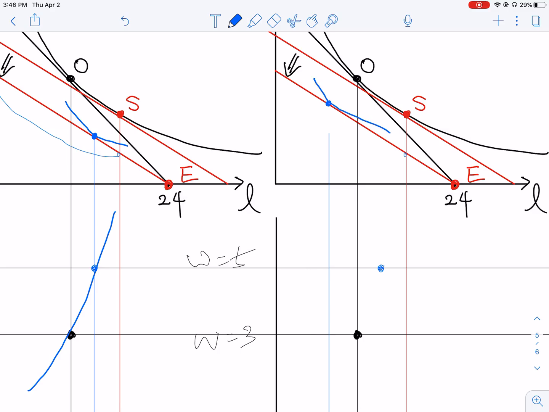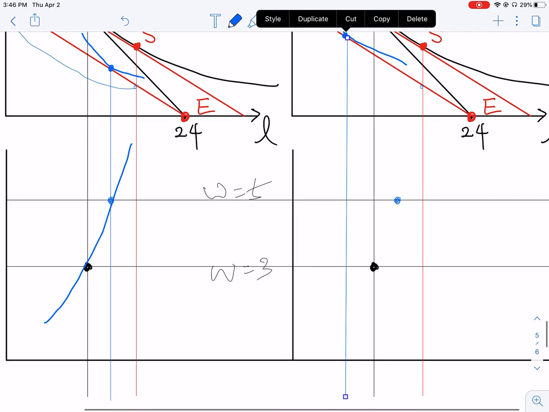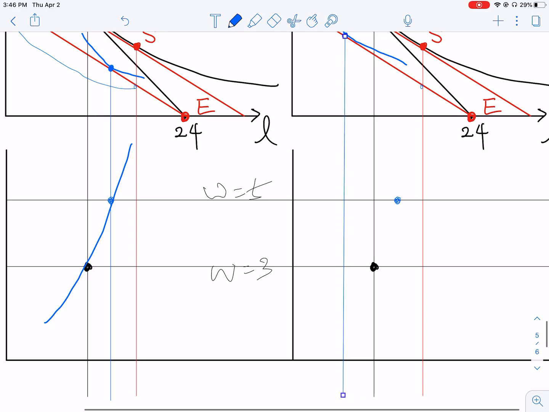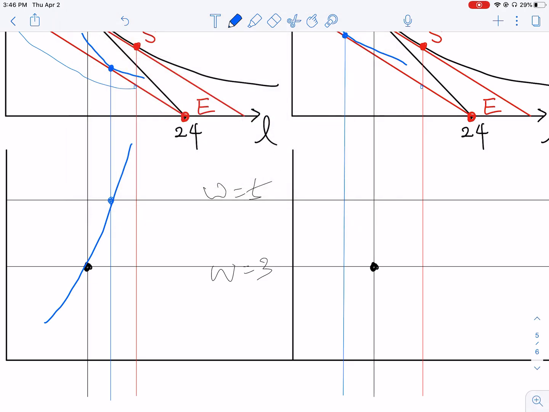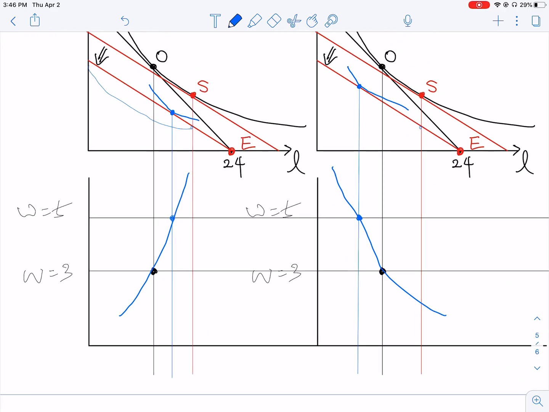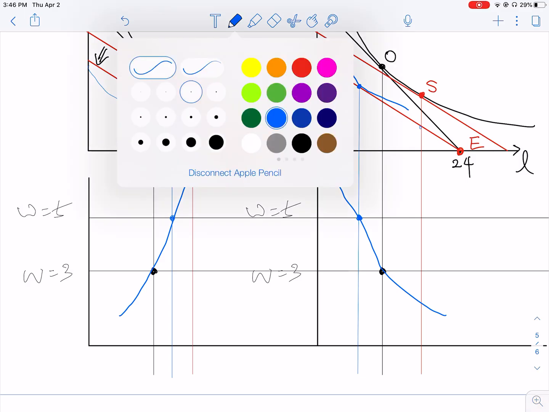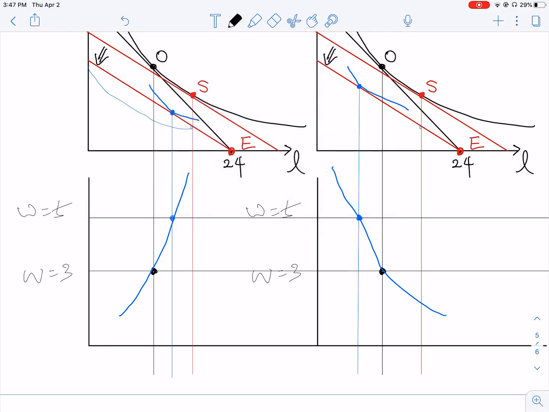Then in a price-quantity picture, your optimal decision will be here. So this will be the demand for the leisure. Here X is leisure, and this is the price of the leisure, right?